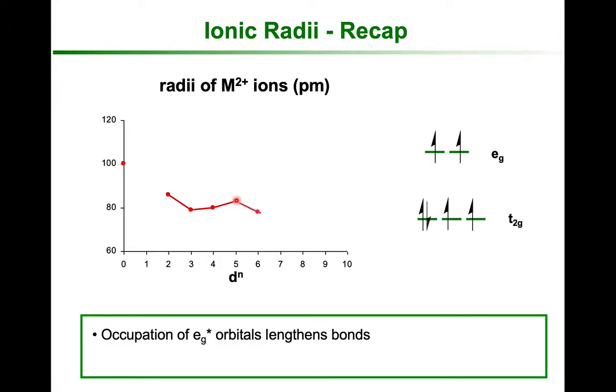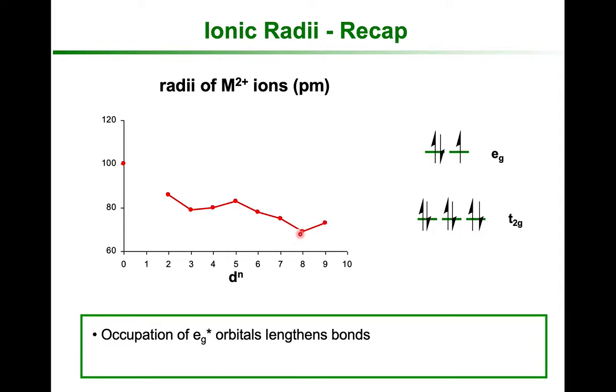Now the next electron goes into the t2g, so the bond shortens as we would expect it to. We go to d7 high spin, so we put another electron in the t2g set, it gets shorter. Now d8, we put another electron in t2g. Now we start to occupy that eg set.